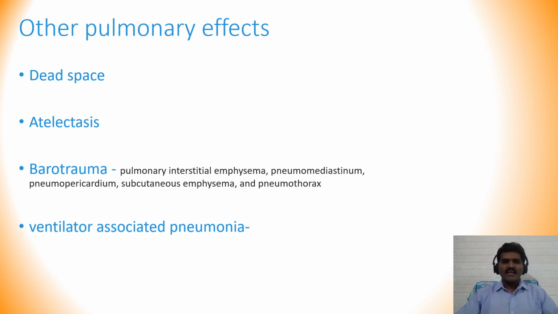These atelectatic lung units lead to a VQ mismatch, leading to hypoxemia. It can also cause barotrauma. Pulmonary interstitial emphysema, pneumomediastinum, pneumopericardium, subcutaneous emphysema, and pneumothorax are the effects of barotrauma. And finally, there is ventilator-associated pneumonia, which is an infection related to the ventilation of the patient.